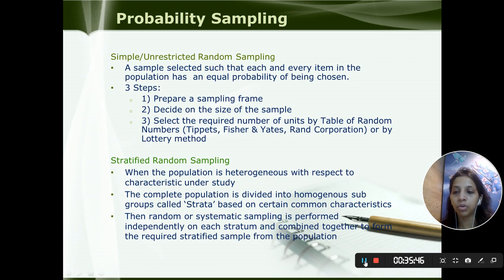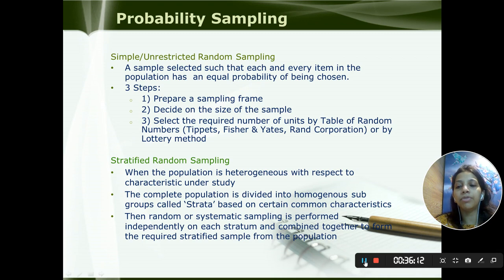Table of random numbers is computer software which helps you in randomly selecting the study subjects, and the lottery method is the normal chit method. You assign a particular number to each study subject and then you pick up those chits, and by lottery method you will select these 400 study subjects, for example. Okay, so this is the commonest, easiest random sampling method.